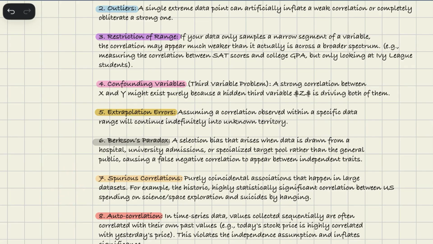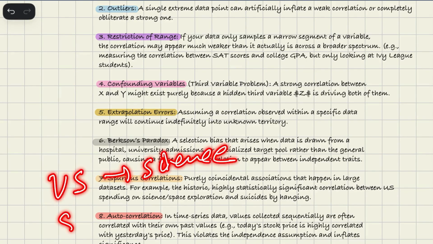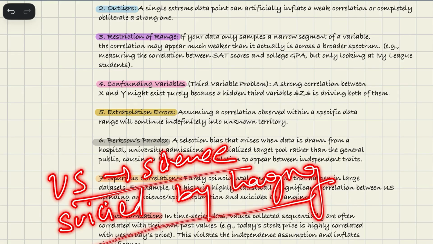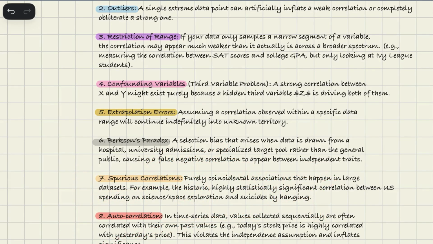So my favorite example is the historic real world data showing a near perfect correlation between US spending on science and space, and suicide by hanging. Okay, so they have nothing to do with each other. It's pure mathematical coincidence, right? So this is what spurious correlation is.